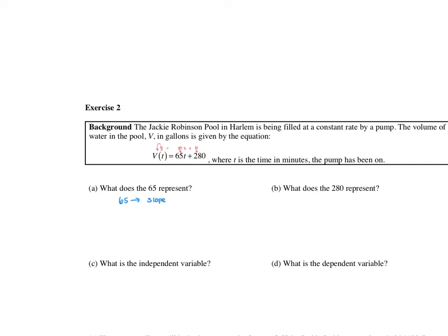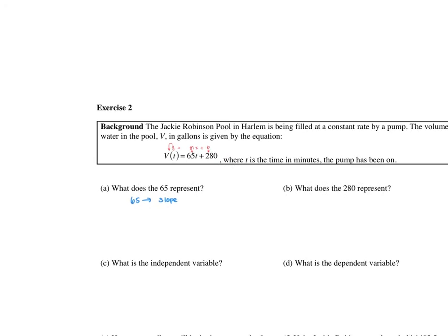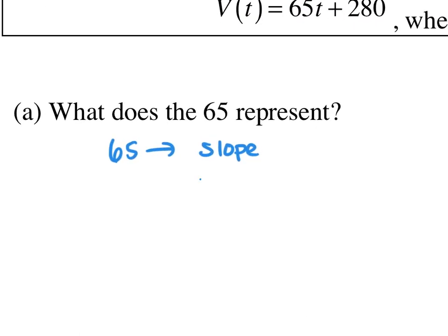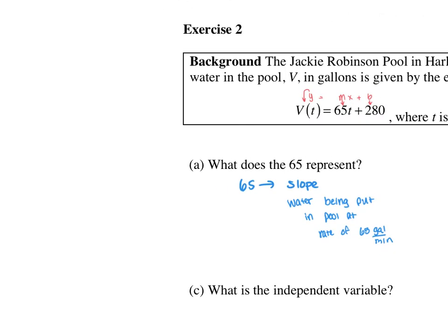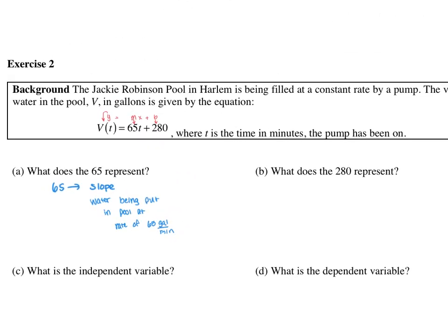So I am putting water into my pool at a rate of 65 gallons per minute.